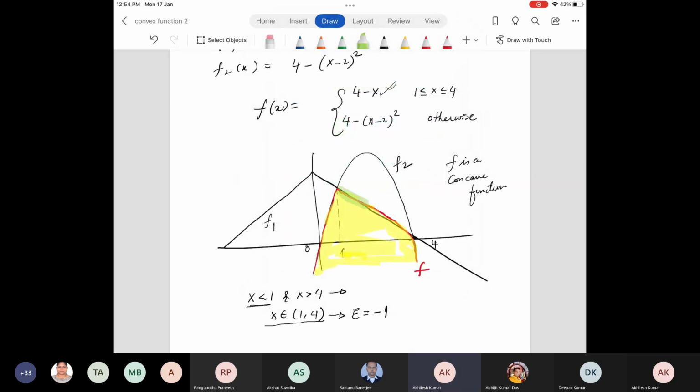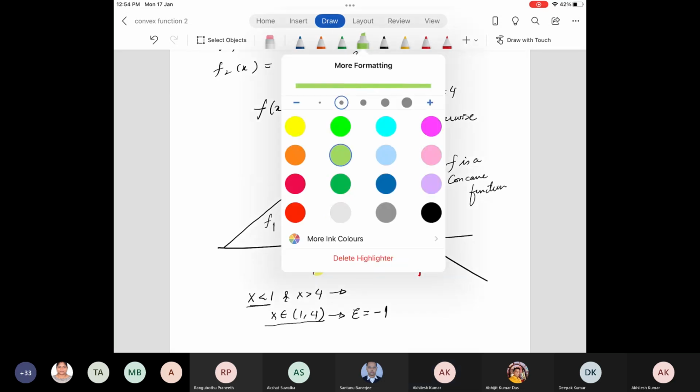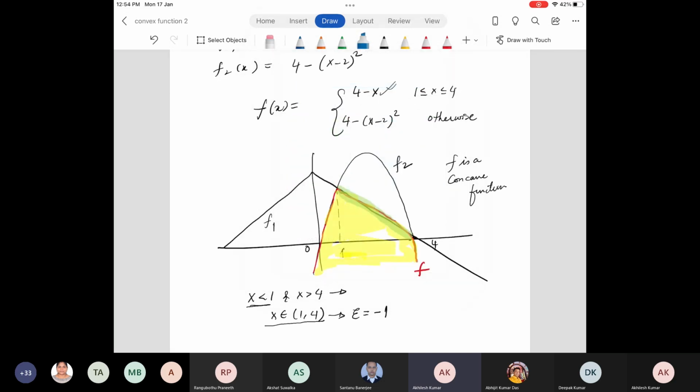Between 1 and 4, this is the curve you are looking at. At x less than 1, you are looking at this curve, and x greater than 4, you are looking at this other curve. So can you tell me what eta can be written as? Is this correct? Yes, sir. So in both cases, we have a unique subgradient.